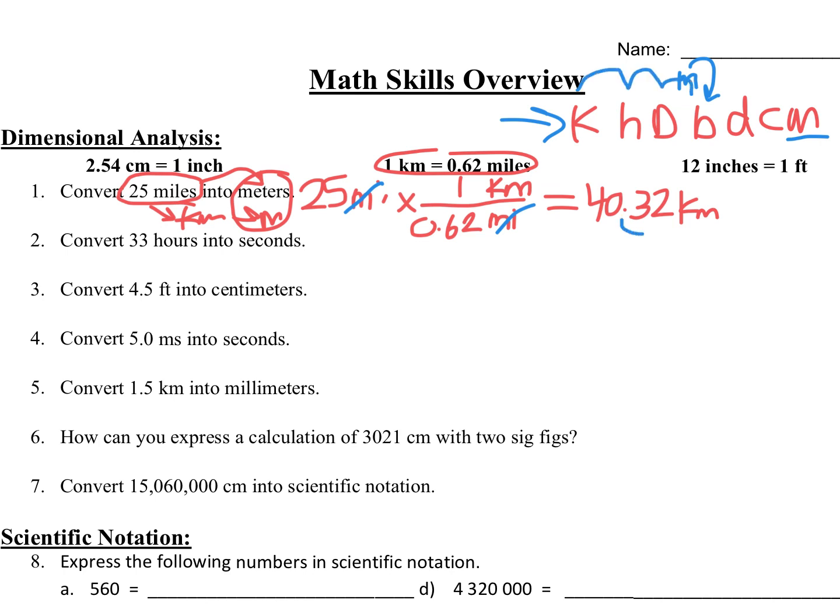So you're going to move your decimal point 1, 2, 3 to the right, which means you're going to still use all those numbers, but you went 1 decimal place past. So you're going to add a 0, right? 1, 2, 3. So it's going to be 40,320. And since we converted to meters, that unit is going to be meters. So it was a 2-step problem. It was a good one, though. And hopefully you were able to follow along and that made some sense.